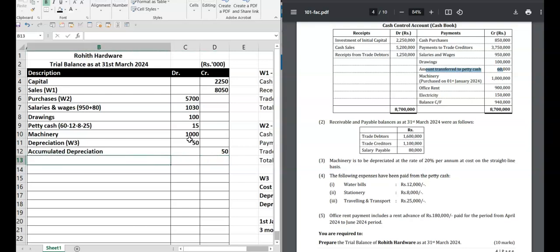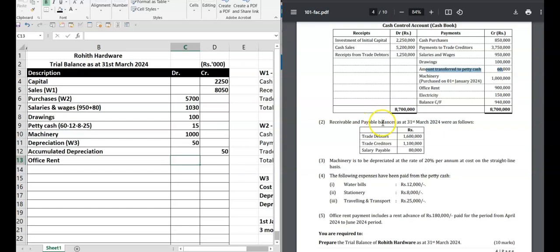The next part is office rent. Office rent is 900,000. Is there anything else that you need to do for the rent? Yes, the office rent payment includes rent advance of 180,000.